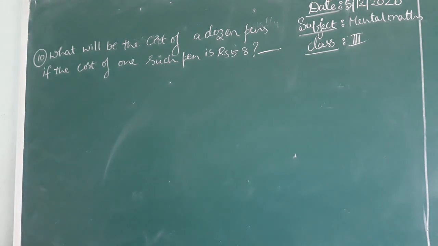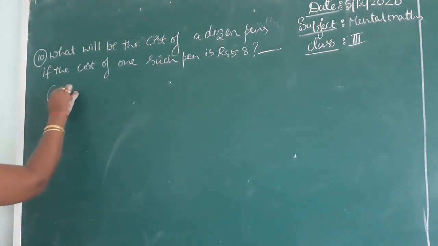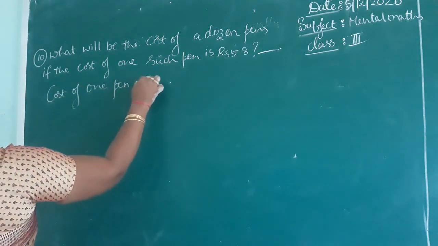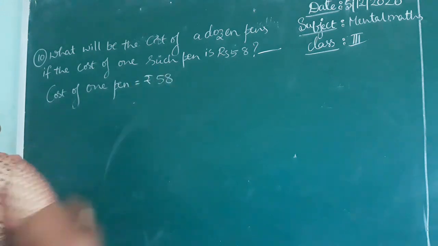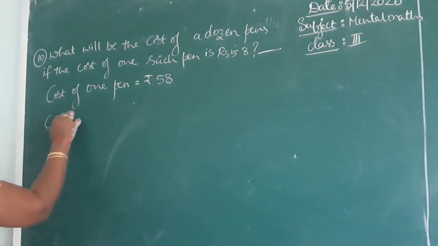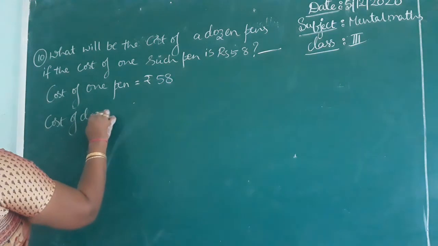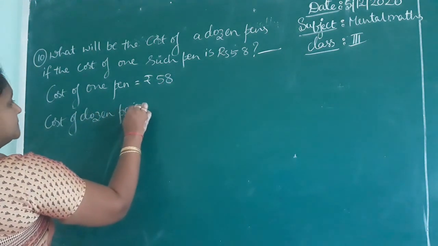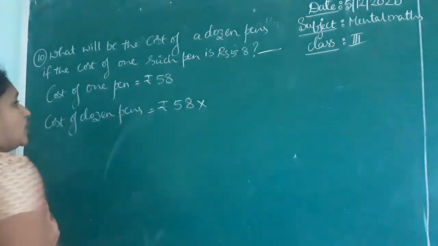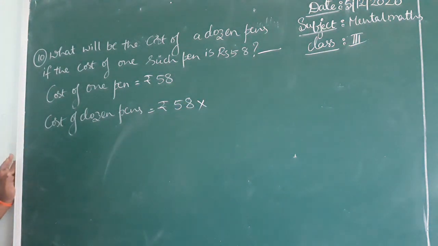So cost of one pen is 58 rupees. Here they are asking us to find the cost of a dozen pens. It's nothing but 58 into 12.